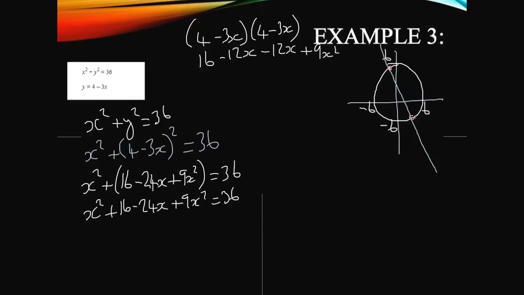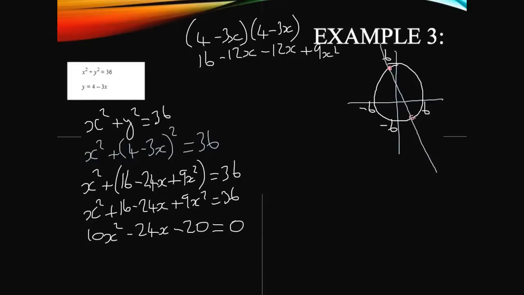Right, now I'm going to collect all my like terms. I've got 10x squared minus 24x. Take 36 from both sides, minus 20 equals 0. So I've now got it in the form of a quadratic that I can have a go at factorising.